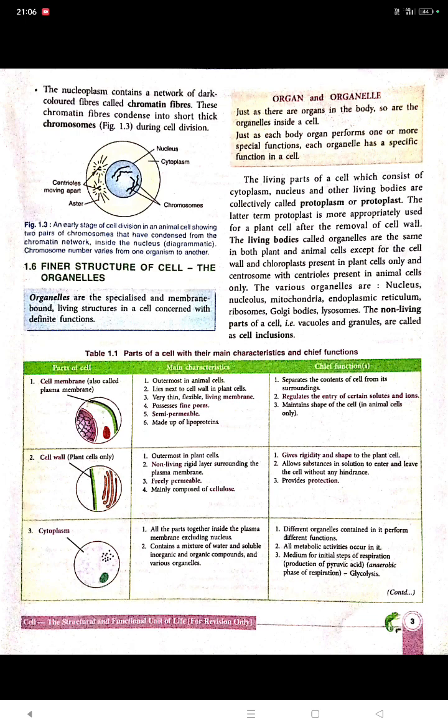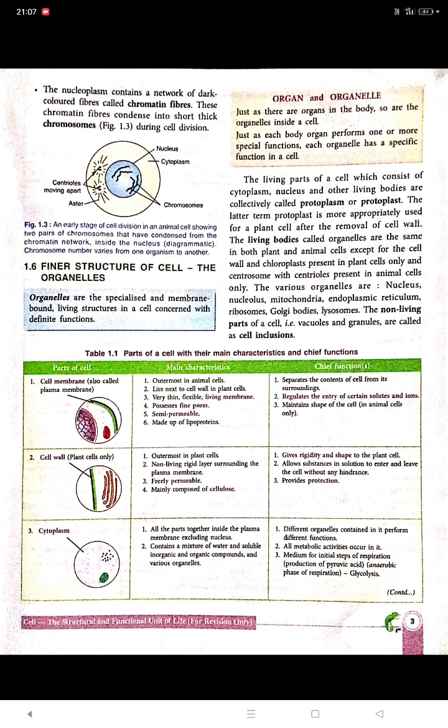It lies next to the cell wall in plant cells. The cell membrane is bounded with the cell wall. It is a very thin, flexible, living membrane with fine pores, semi-permeable, and made up of lipoproteins.